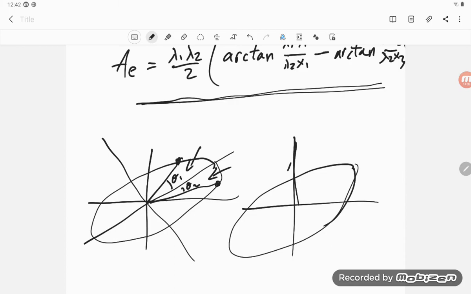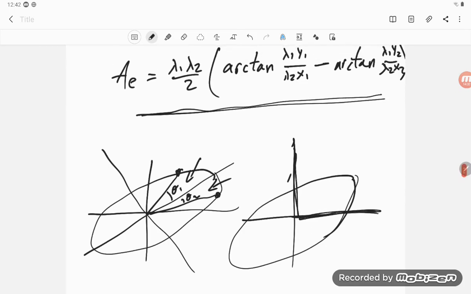Suppose I want the area in this quadrant here, the positive quadrant. Then I would need to know that line, right? I would need to know that angle in order to tell you what theta 1 and theta 2 were. And so again, the problem is we have to find a way to figure out that angle.